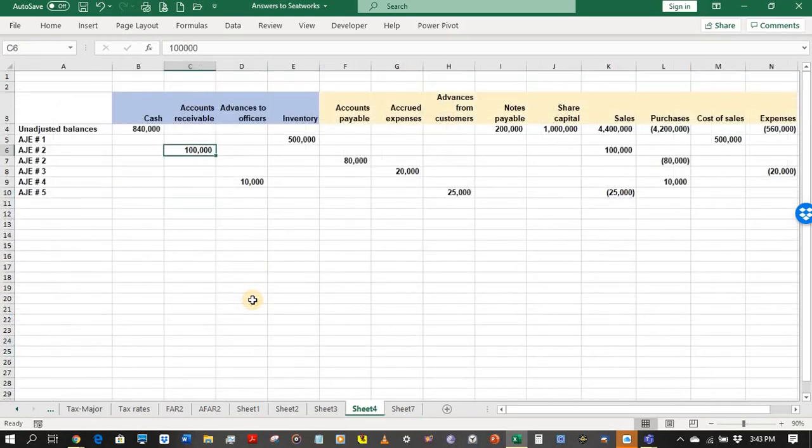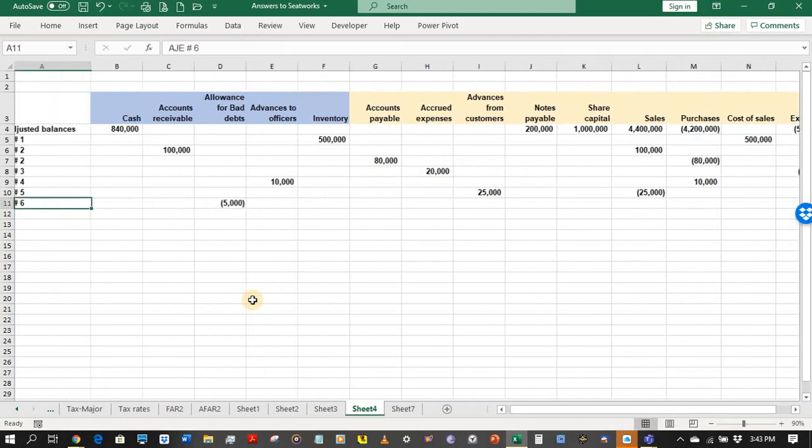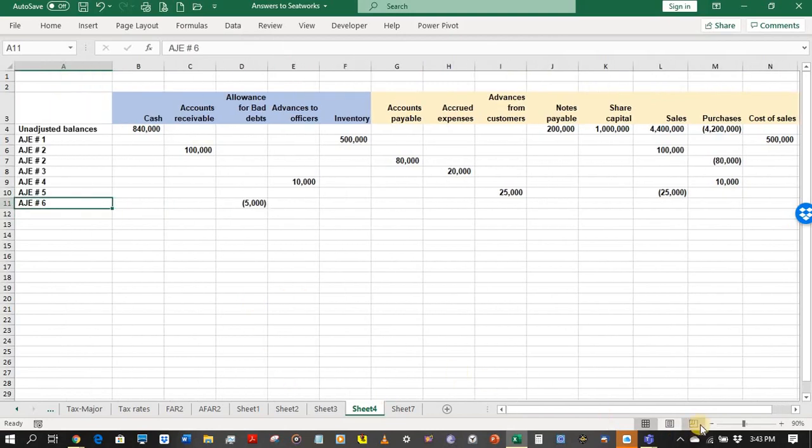So, debit expenses tayo ng 5,000. And since wala tayong allowance na account title, so mag-add tayo allowance for bad debts for 5,000.